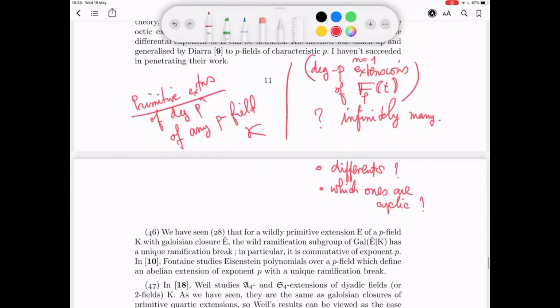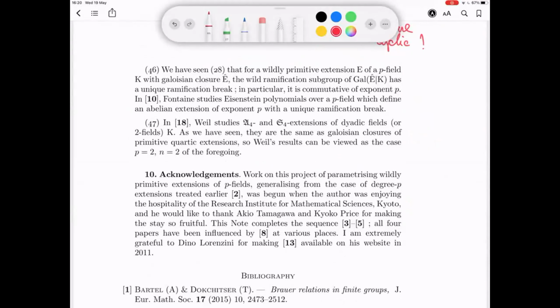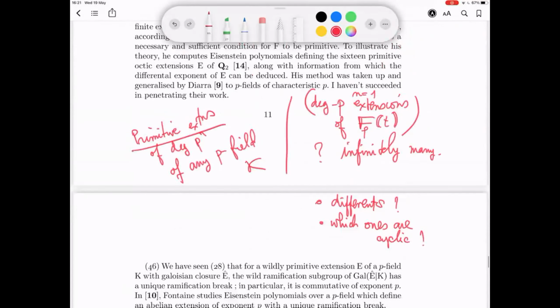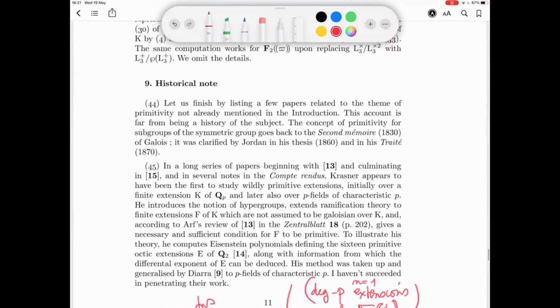And I think you should all be in a position to work this out. It requires a little bit of work, right? But at the beginning of the course, we had no idea how to write down any extensions of these P fields apart from maybe quadratic extensions.